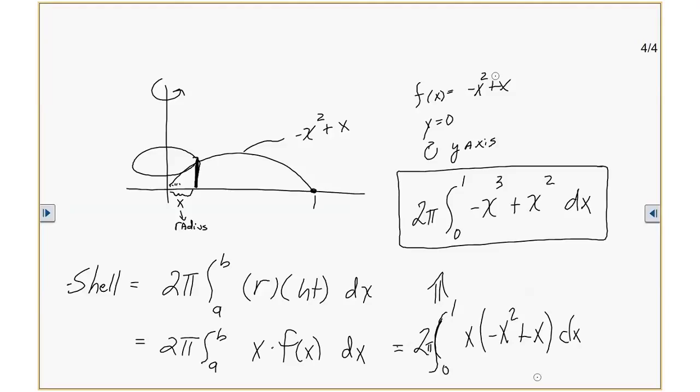That's going to be negative x to the fourth over 4 plus x to the third over 3.